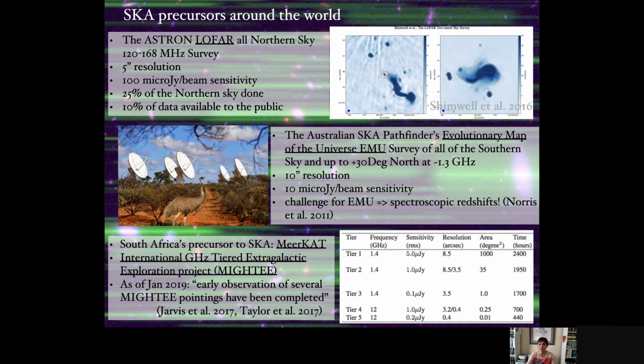There are several radio programs throughout the world that are preparing for the Square Kilometer Array observations at both low and high frequency, allowing us to trace the electrons that are being sped up by processes associated with the AGN.